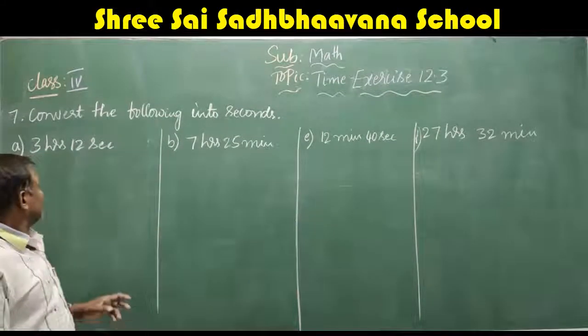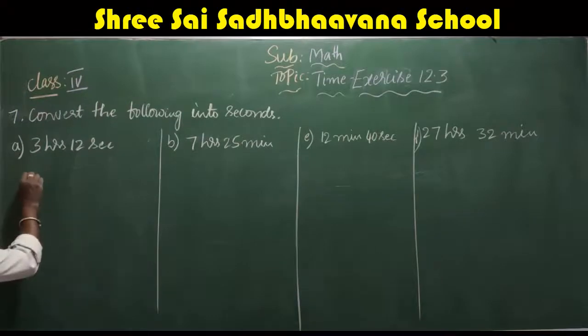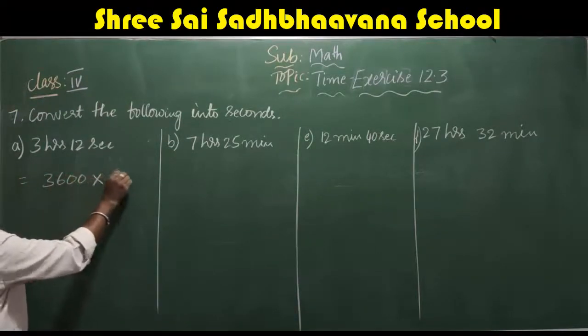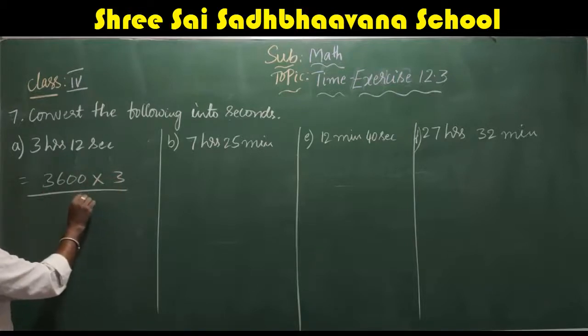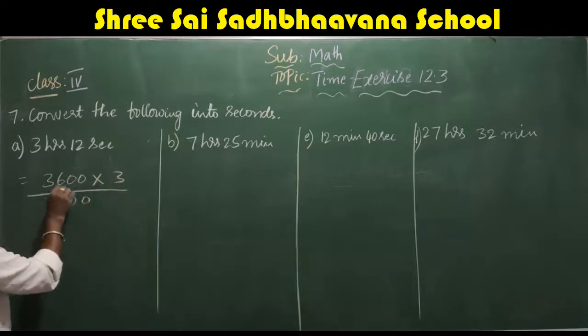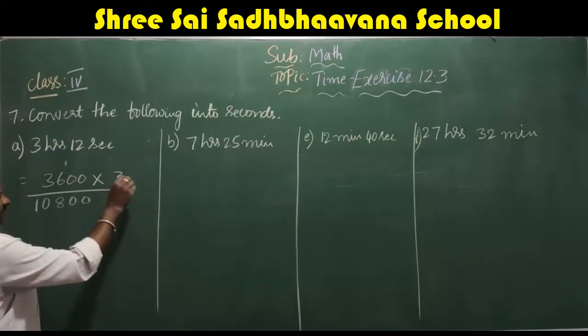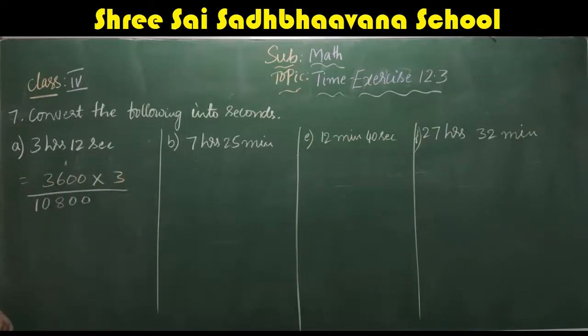Now we will multiply 3,600 into 3. You will get 0, 0, 3 sixes are 18, carry 1, 3 threes are 9 plus 1, 10. This is 3 hours. We are converting them into seconds.